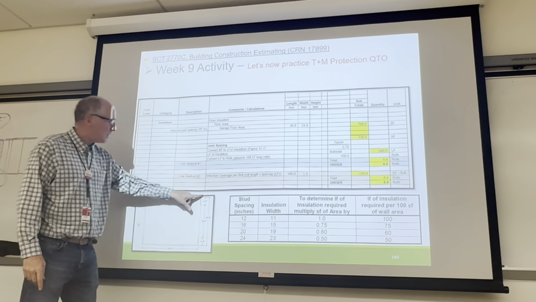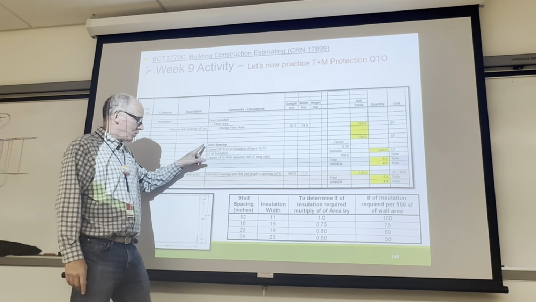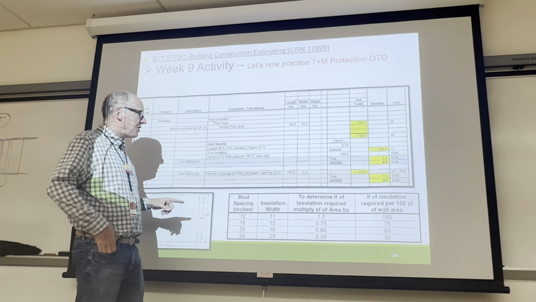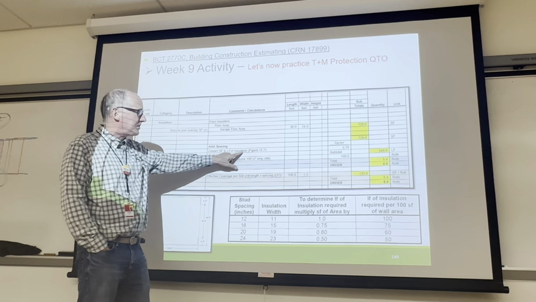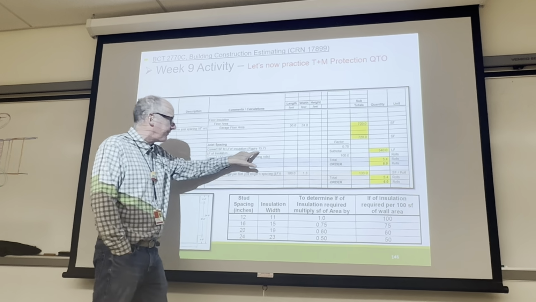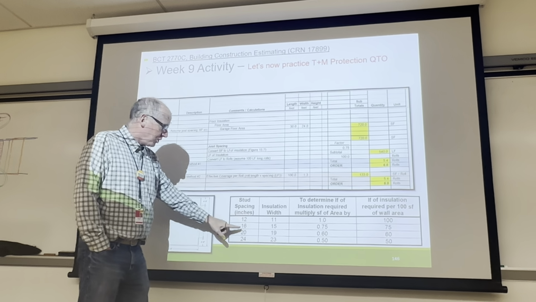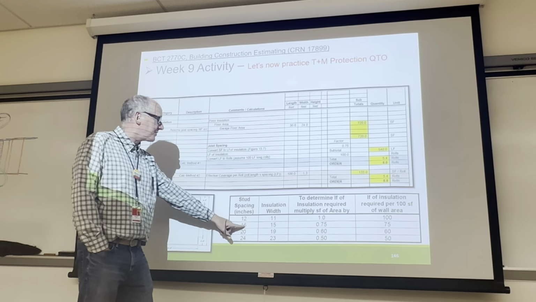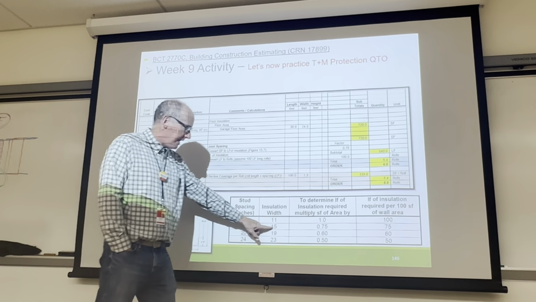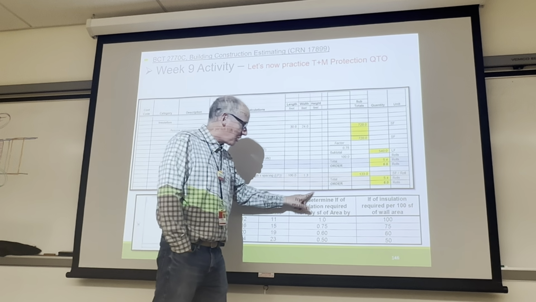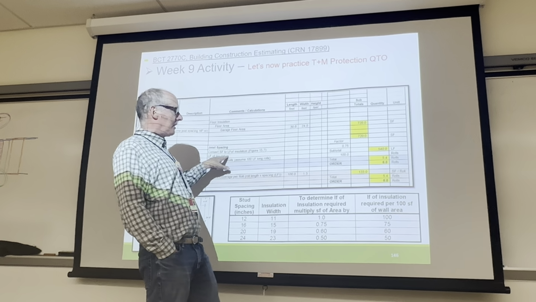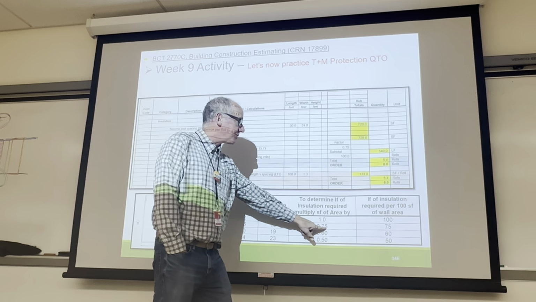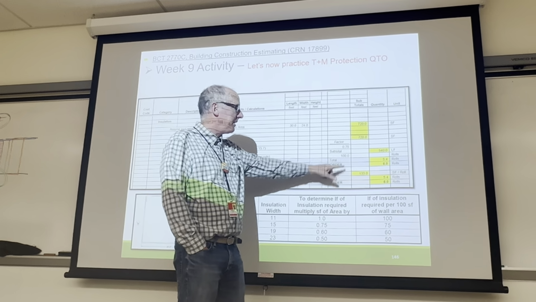Our joist spacing is 16 inches, so converting our square feet to linear feet of insulation uses this figure, 15.7. If we have spacing of 16 inch on center, that gives us an insulation width. To determine the linear feet of insulation, we use a factor of 0.75.